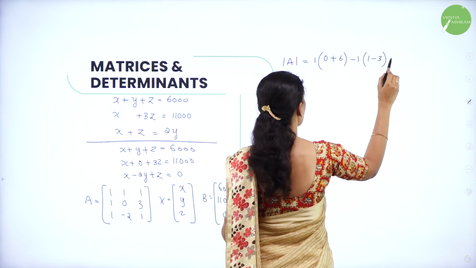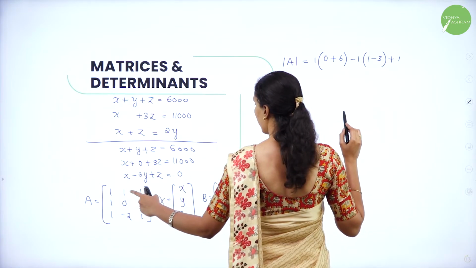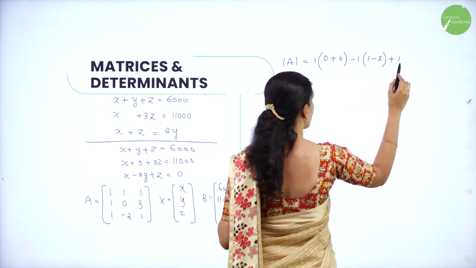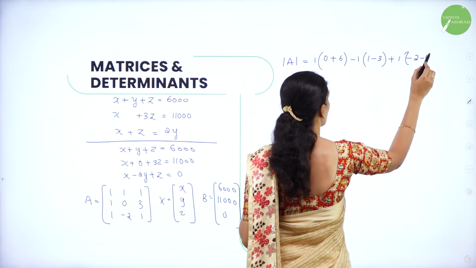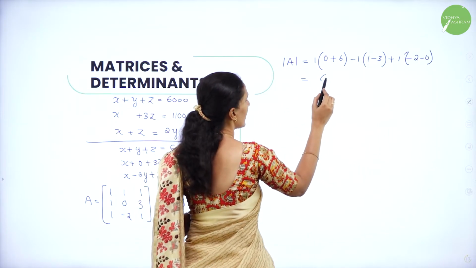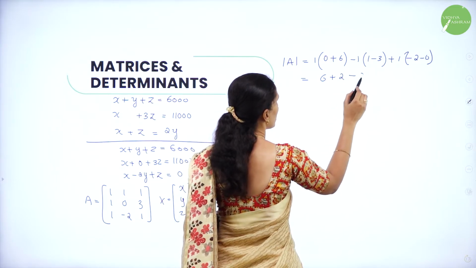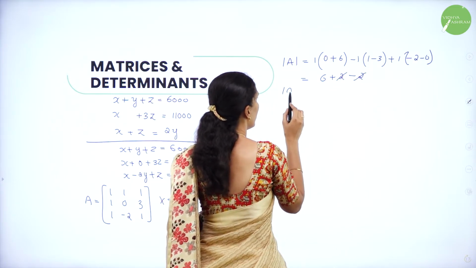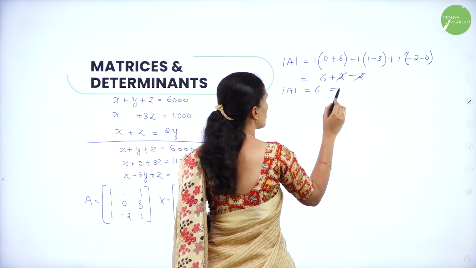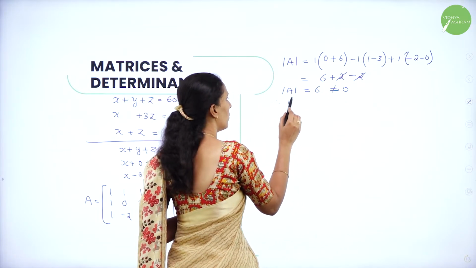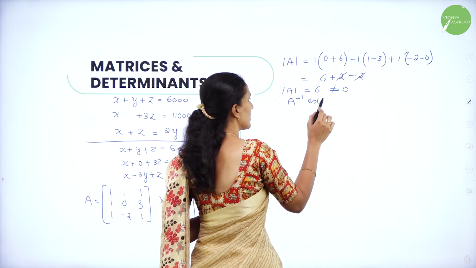And for the last one, it is minus 2 minus 0. So here the value is 6 minus 2 minus 1, that is plus 2, minus 2. So the determinant A value is equal to 6, which is not equal to 0. So therefore, A inverse exists.